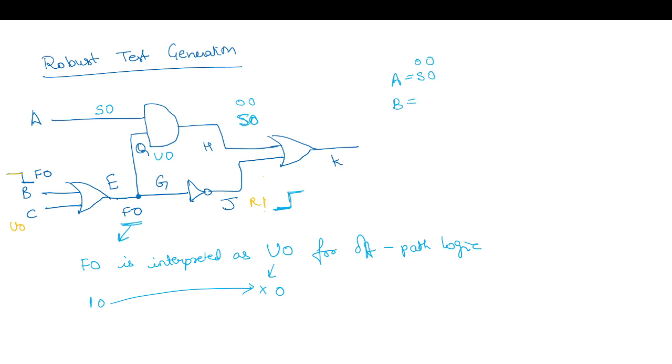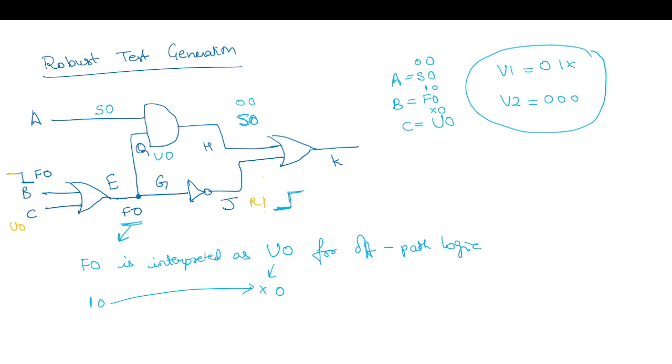B is a falling transition, and C is U0, which means B is a falling transition 1 to 0, and U0 is X0. So what are the V1 and V2 vectors? V1 is 0, 1, X, and V2 is 0, 0, 0. These are the test patterns.